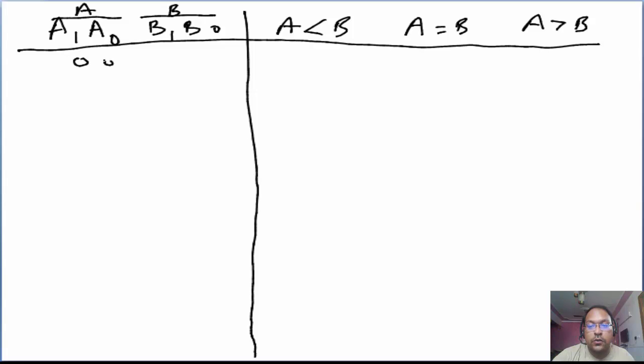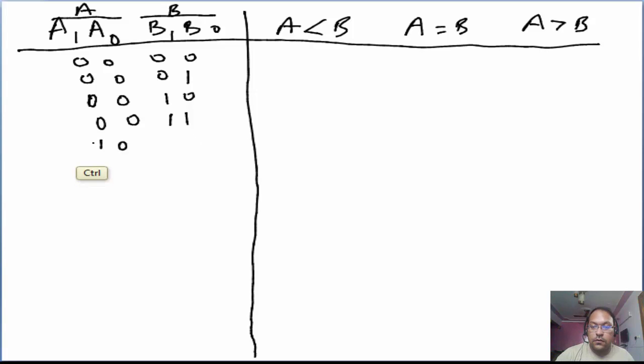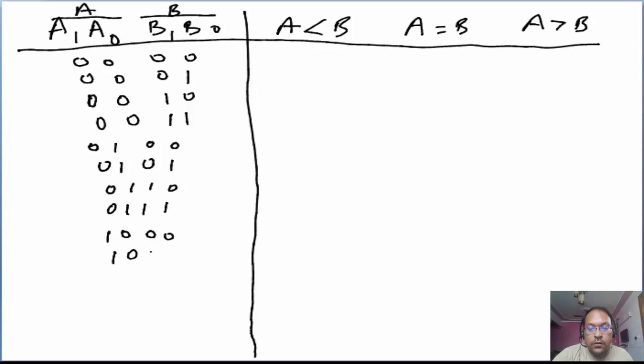The 16 combinations are 0 0 0 0, 0 0 0 1, 0 0 1 0, 0 0 1 1, similarly 0 1 0 0, 0 1 0 1, 0 1 1 0, 0 1 1 1, 1 0 0 0, 1 0 0 1, 1 0 1 0, 1 0 1 1, 1 1 0 0, 1 1 0 1, 1 1 1 0, 1 1 1 1.